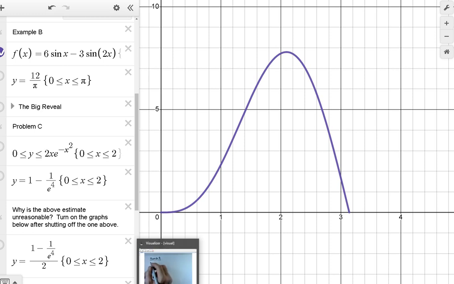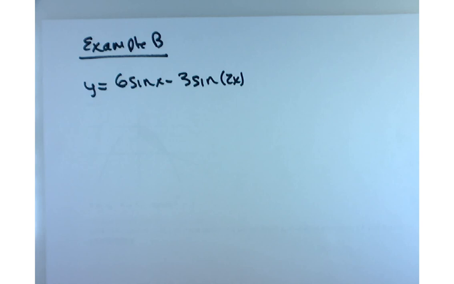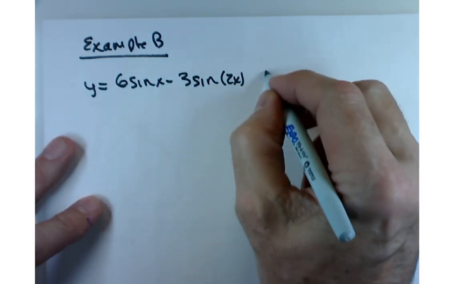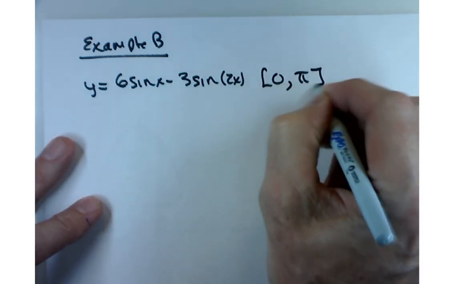So once again, we've got y equals 6 sine of x minus 3 sine of 2x, and that's on the interval 0 to pi.